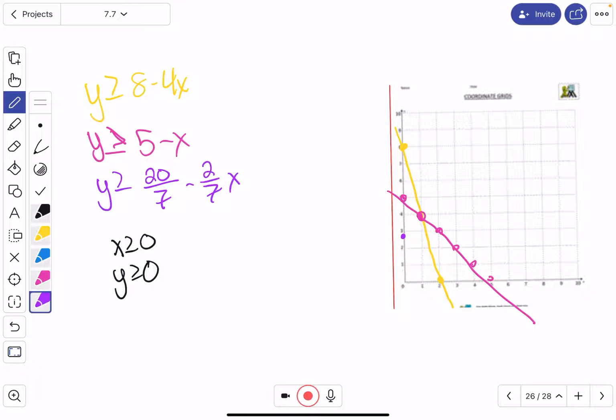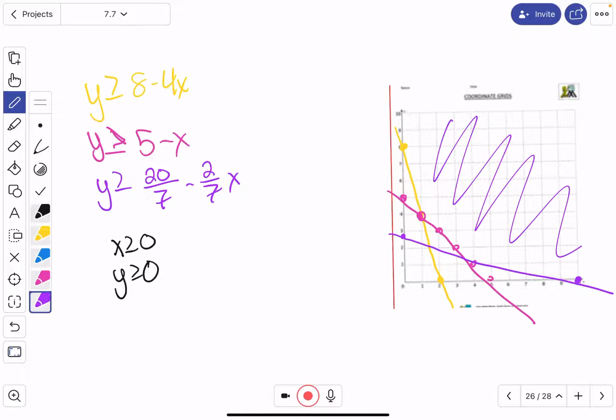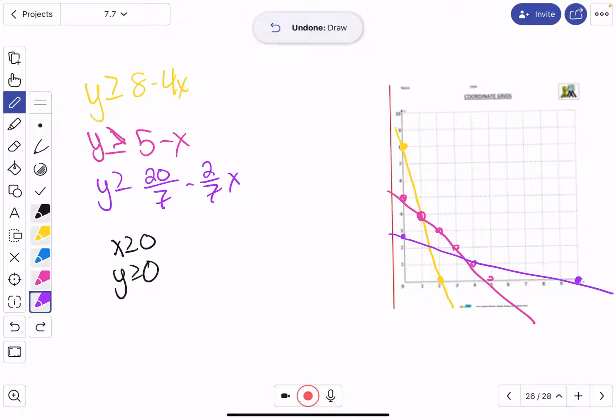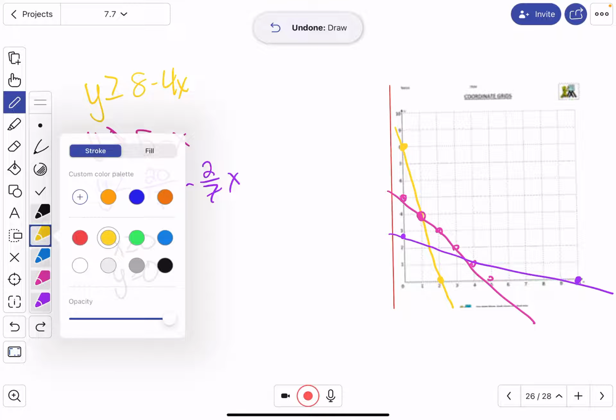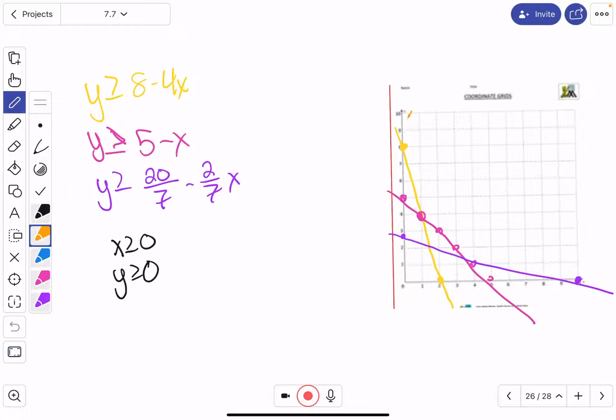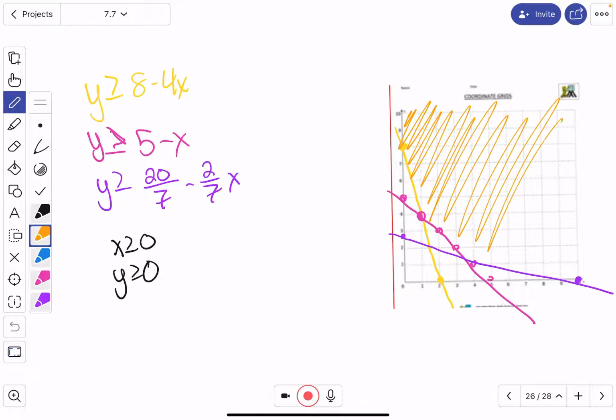If I plugged in 1, plugged in 2, and found a bunch of points, we end up with 10, 0 as our intersection. And it would be anything over here. We know they're above 0, so our solution falls anywhere above in this picture, and it goes on forever.